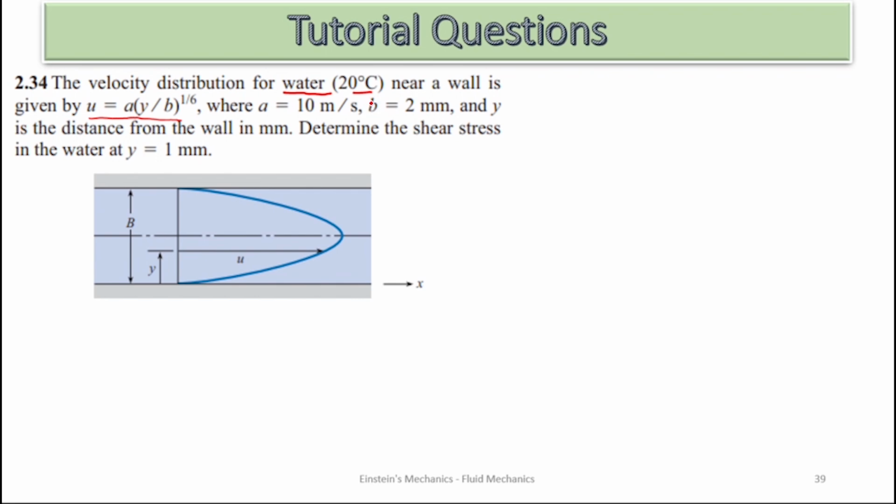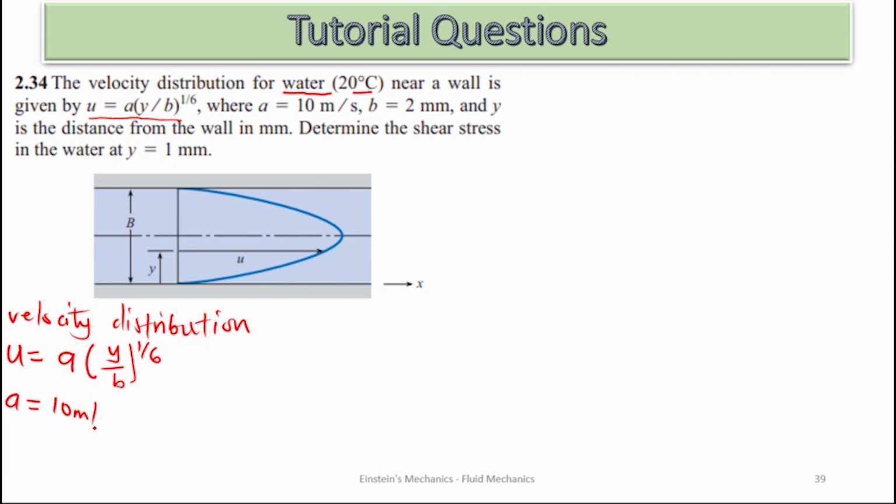And let's write down our parameters. So here we have the velocity distribution, which is given, so the velocity is u, and it is given by this formula. Pay attention to the formula: u = a (y on b) all raised to the power 1 on 6. So this is the velocity, and we have our a to be 10 meter per second.